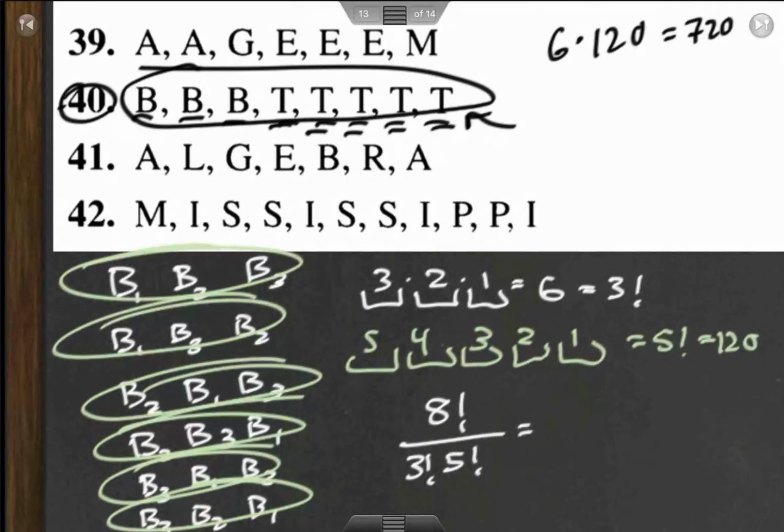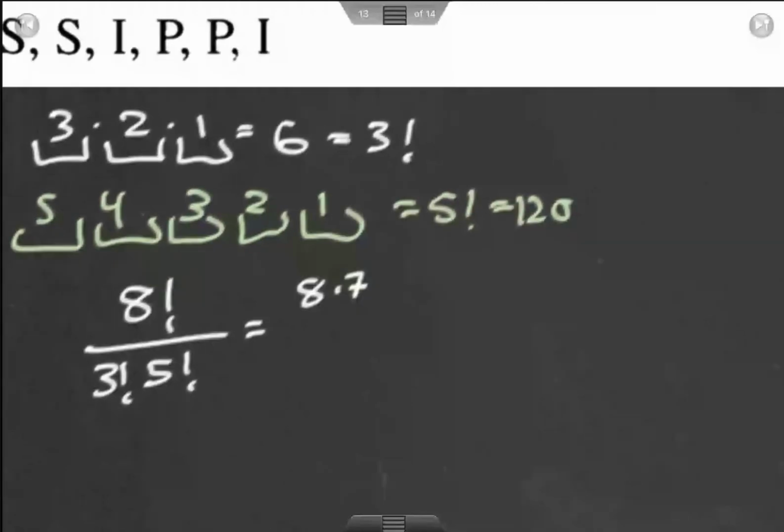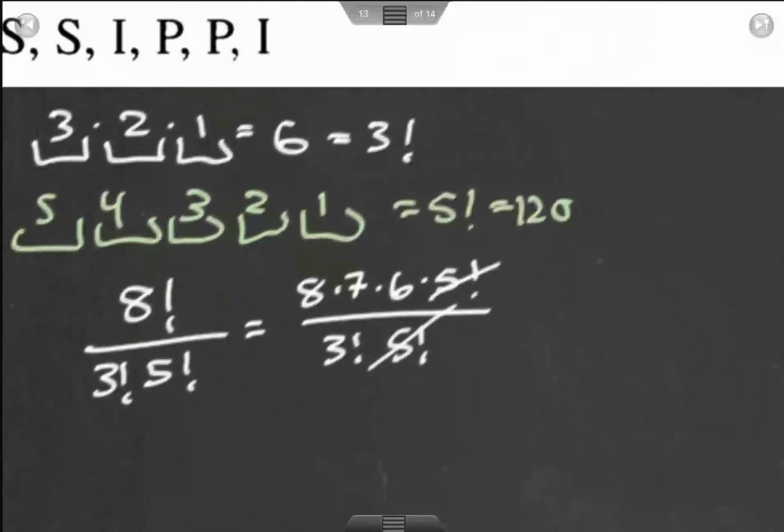You're done. So 8 factorial, let's split this up: 8 times 7 times 6, and I'm going to stop right there and put a 5 factorial. Then 3 factorial and 5 factorial on the bottom. The 5 factorials go away. That's why I stopped at 5, because I could see that I could cancel those out. And then the 3 factorial, we know equals 6, or you can write it out 3 times 2 times 1, and then you can cancel out the 3, then the 6, and then the 2.